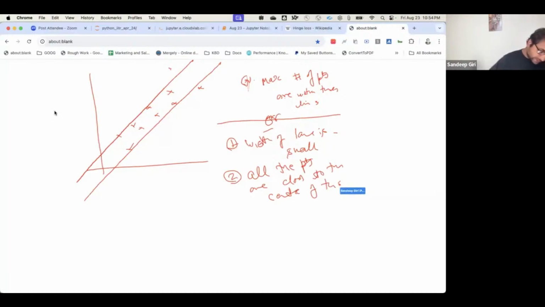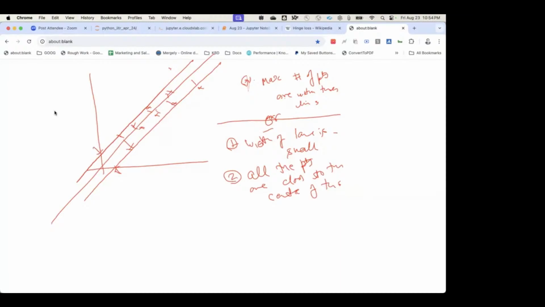This distance that you see from the center, this distance of each of them should be as small as possible, and the width of this street should be smallest. So there are two objectives, correct? Width should be small and all the points should be closest to the center. You with me? Yes.